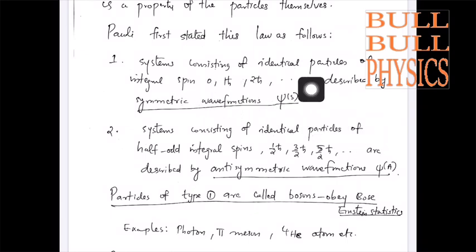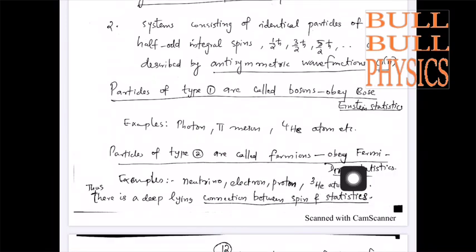The first type of particles are called bosons, and they obey Bose-Einstein statistics. The second type of particles are called fermions, and they obey Fermi-Dirac statistics.